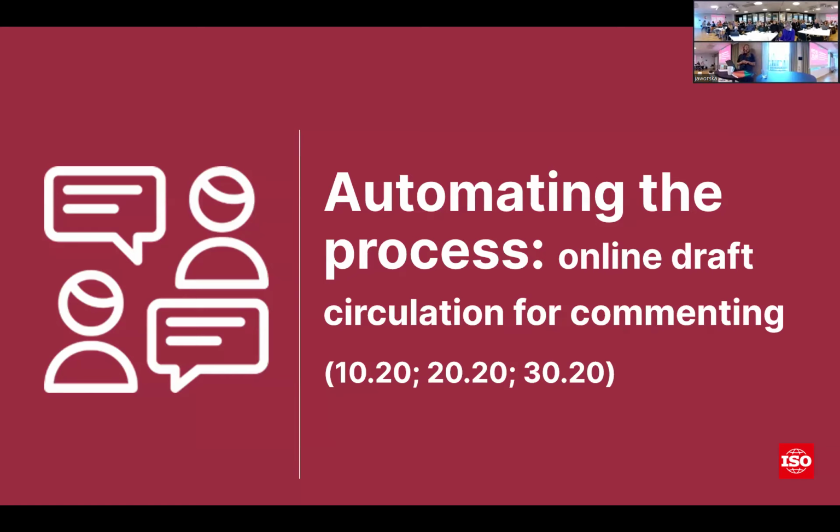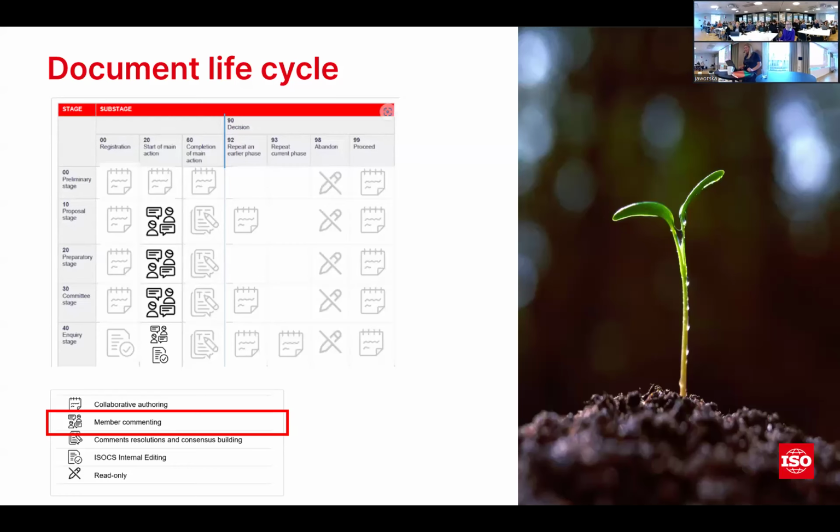So now let's look at automating the process: the online draft circulation for commenting. I'm just going to go over a couple of the principles, the rules, and so forth. And then we'll go into a nice demo with Patrice, and you'll be able to ask any questions you may have.